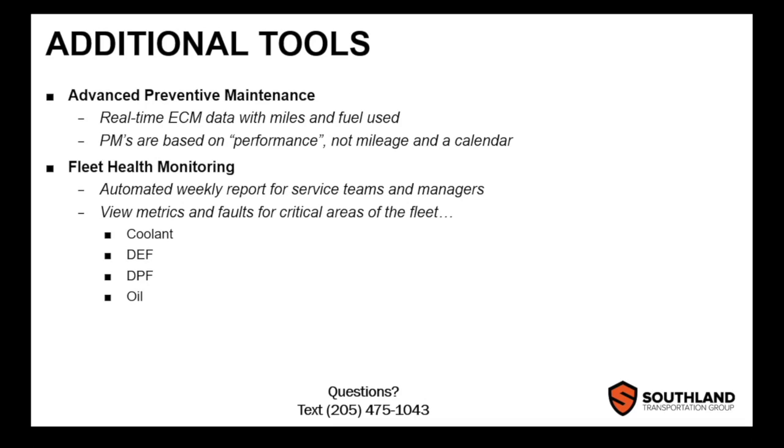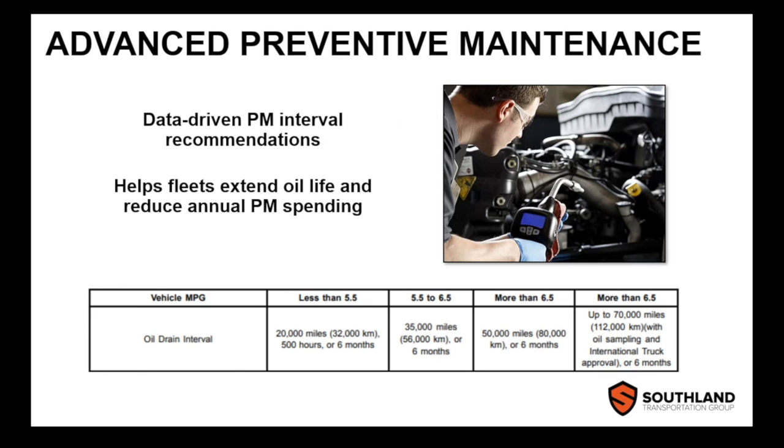And today, those 4 key metrics and fault codes that they are monitoring and putting into this weekly report are things that affect coolant, DEF, DPF, and oil. So low coolant level, high coolant temperature, DEF faults, or DPF soot load faults, or anything revolving around the oil pressure for the engine. Those 4 key areas are put together in one report for your truck.